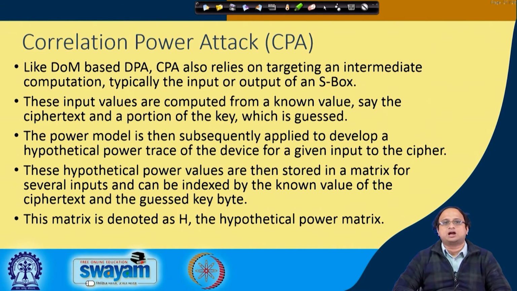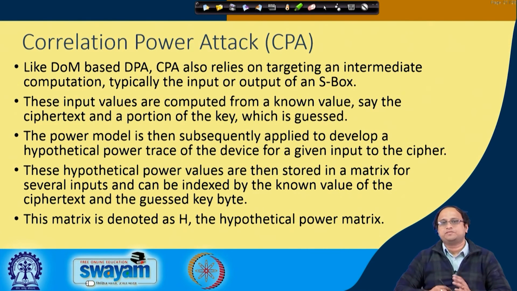These input values are computed from a known value, which could be, say, the ciphertext, and a portion of the key which is guessed. And you again use a power model, say the Hamming weight power model, and apply it to develop a hypothetical power trace.